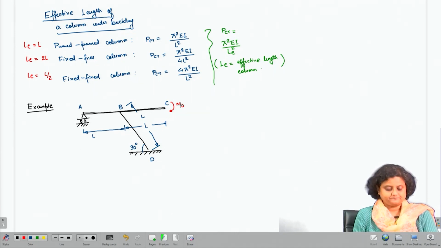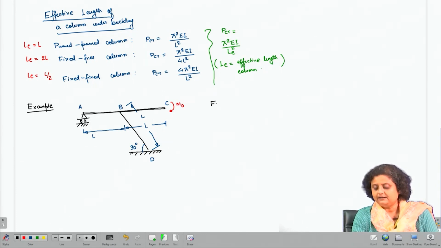Now, the statement is that we need to find the critical value of the applied moment m0.